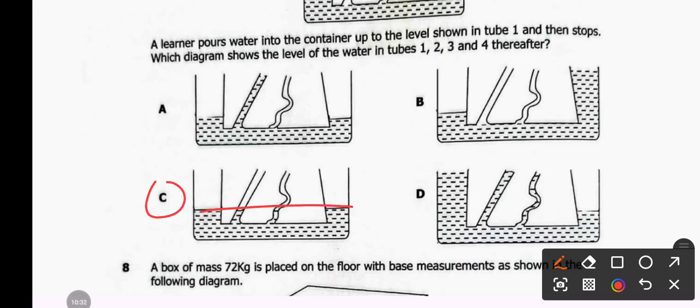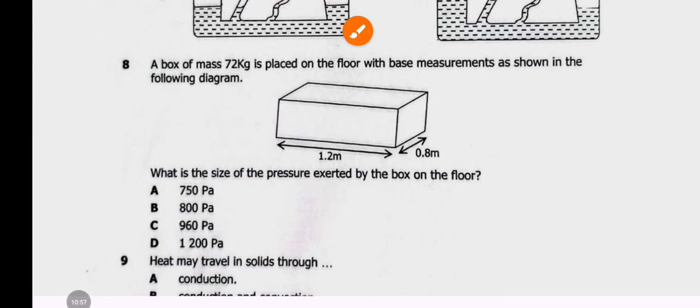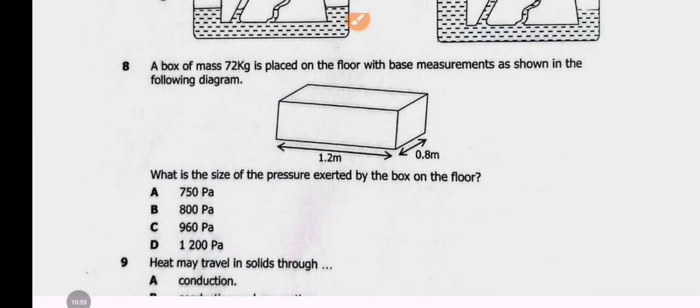So option C has that point. This means that the pressure acting is the same, right? So it tells us that the pressure is the same, and that gives an illustration of a well-known statement which says that pressure is independent of the shape of a body, right? So option C is the correct answer for that.